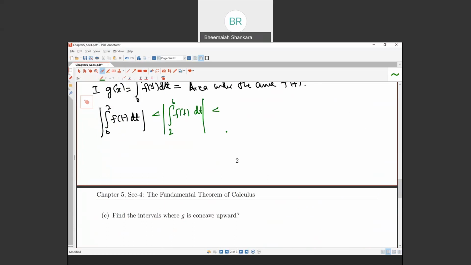This is bounded below by 6 to 10 of f(t) dt, and then this is bounded below by 10 to 14 of f(t) dt. The last one is the largest area, which is 14 to 18 of f(t) dt.